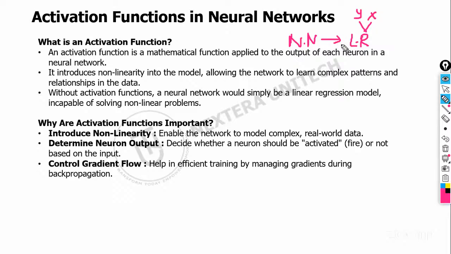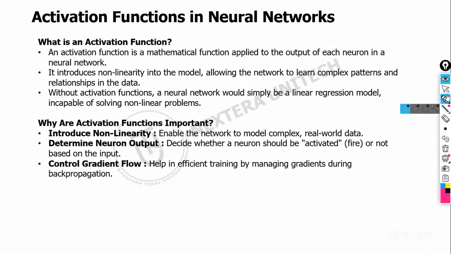But if you don't have activation functions in a neural network, the network you're trying to build is similar to a linear regression model. So what is the use? There is no use, right? Because of activation functions, we decide whether a neuron has to be activated or not, and moreover, activation functions bring non-linearity into the model.